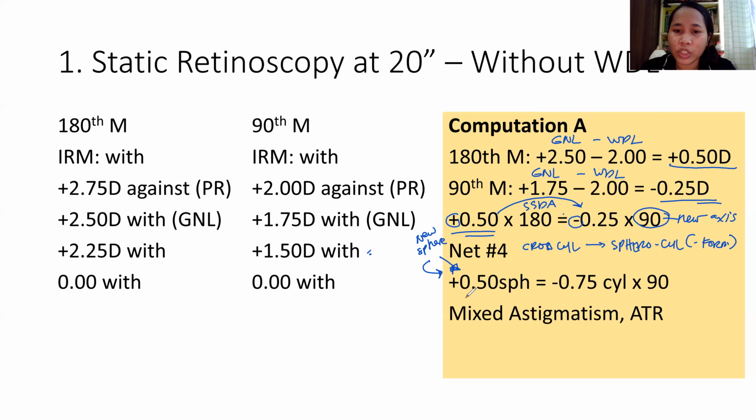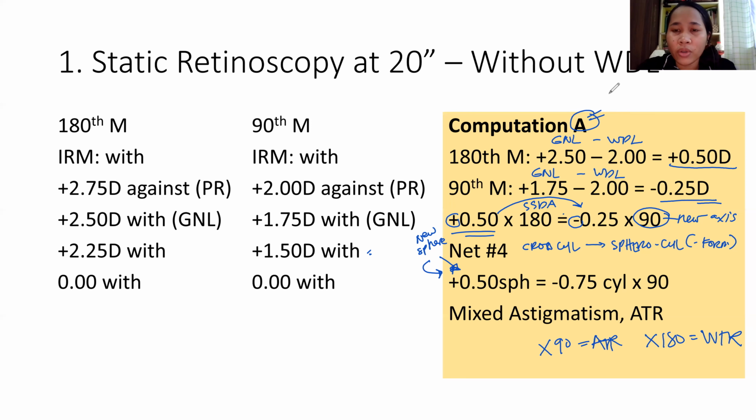So your result is plus 50 sphere combined with minus 0.75 cylinder, axis 90. So when you say axis 90 is ATR, axis 180 is WTR, or with the rule astigmatism. This is for computation A.